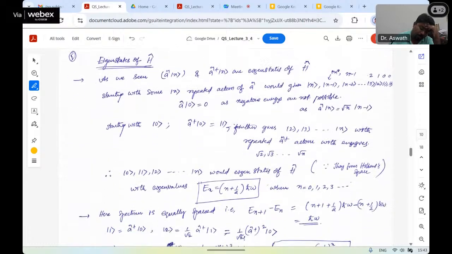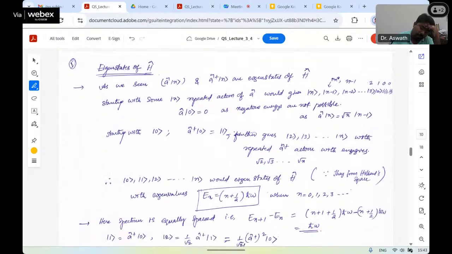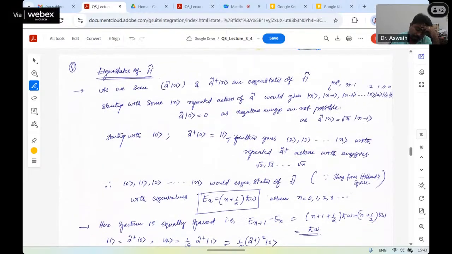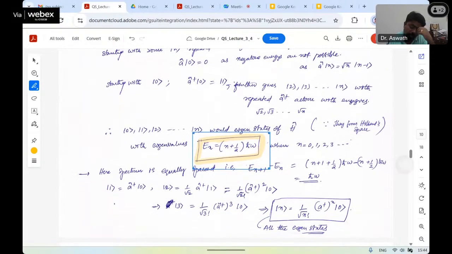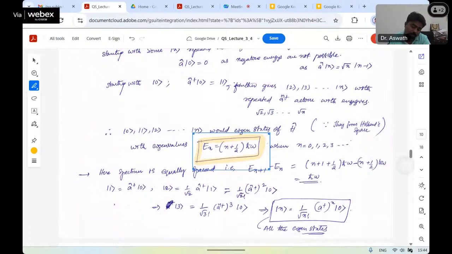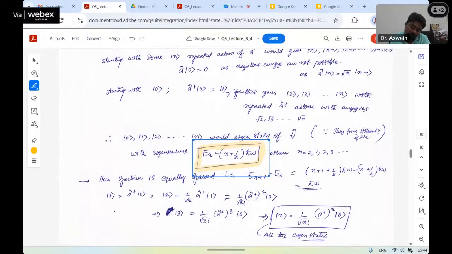Now, I know the eigenvalues of our H matrix, and the eigenvectors are the n kets, which could be 0, 1, 2, 3, and so on. Now, is there any provision to define some new quantum states which could be used to describe an electromagnetic wave?